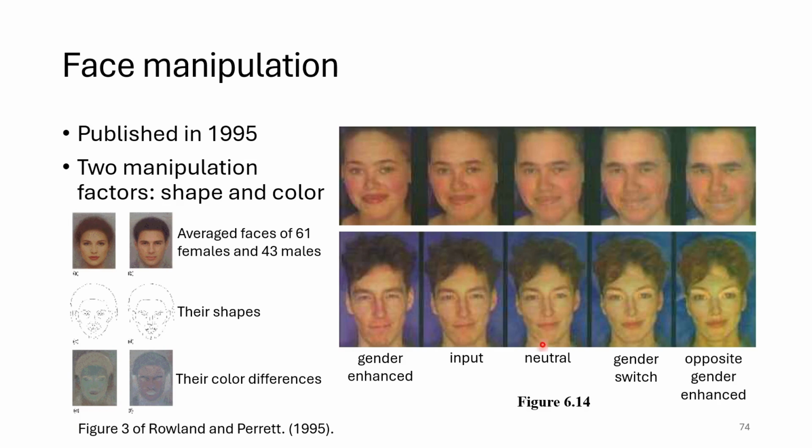So from here and here, it's difficult to tell which gender the face belongs to. You can also switch the gender from male to female, and enhance the appearance of a gender. What you can see is that for female, the color on the lip and on the cheek is more significant than male. This is much redder.